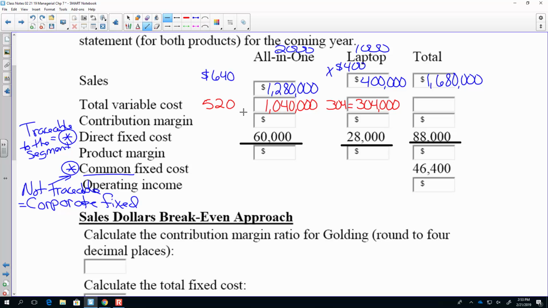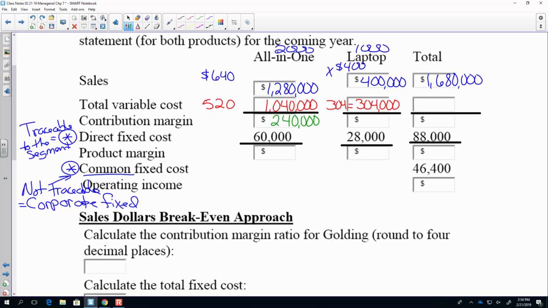So I'm going to underline these a little bigger, including the total column, which is just the sum of the two. So we're at 240,000 of margin. I'll put these in green.